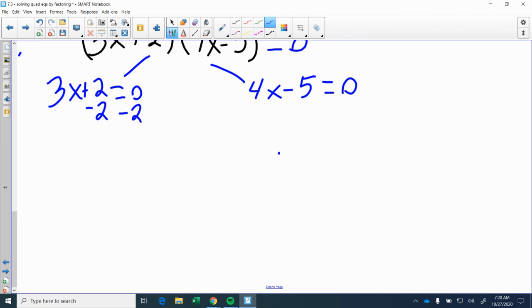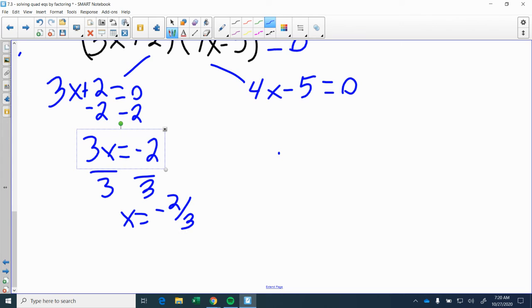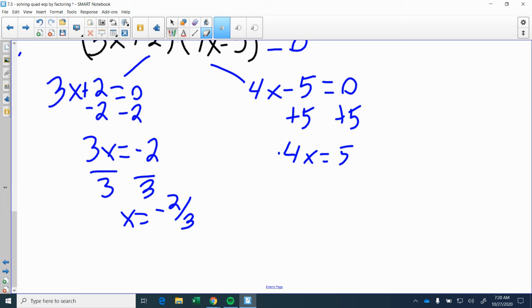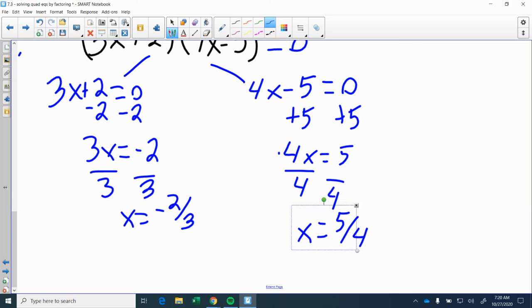I'm going to subtract the 2 over to get 3x equals negative 2. And then divide out the 3 to get x equals negative 2 over 3. Over on this one, I'm going to add the 5 over to get 4x equals 5. And then I'm going to divide out that 4 to get x equals 5 over 4.